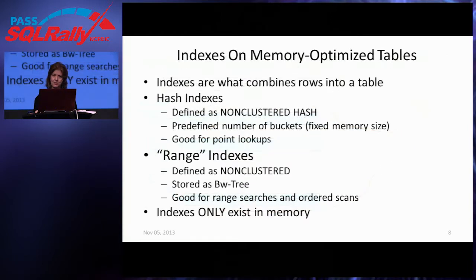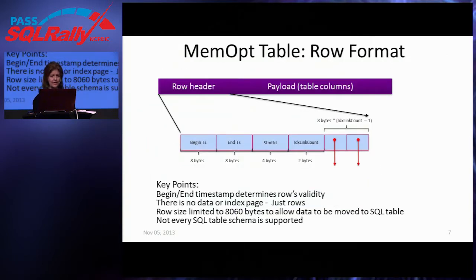I meant to mention it on this page here. I mentioned the begin and the end timestamp, but then the statement within each transaction is also kept track of. Which statement within a particular transaction inserted this row is one of the values in the header.